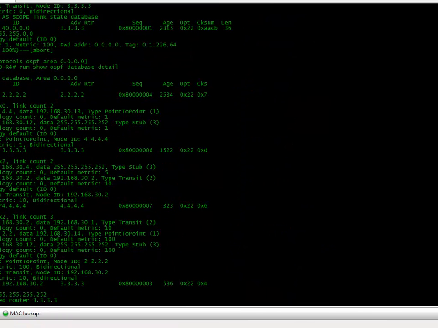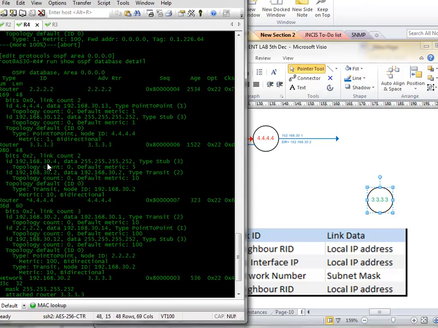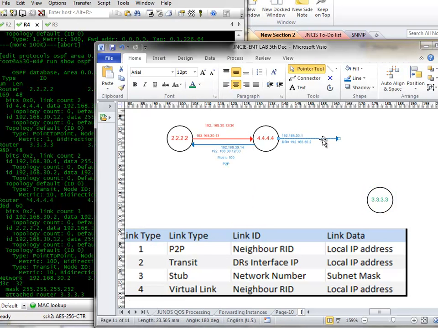So we have a stub link. A stub link advertises its link to a network and its subnet mask. So we don't really know which way this is going at the moment, so let's just put that in there.